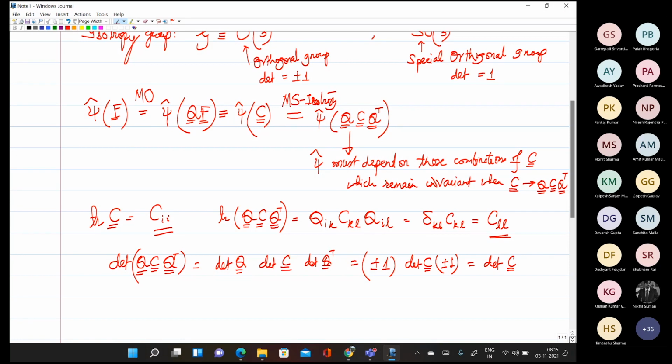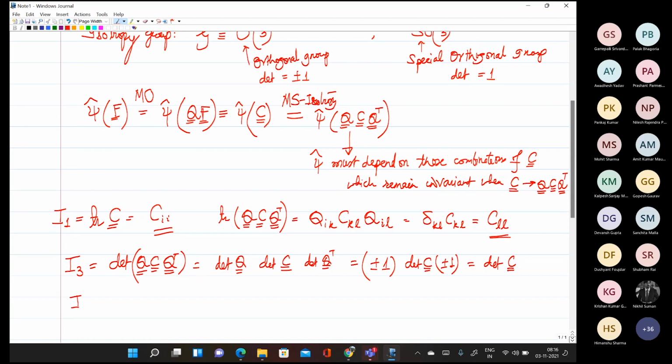So what was the other invariant? Can someone recall? So this is also called I1, invariant 1. Whereas this is called I3, invariant number 3. Okay. And we are missing the second one.